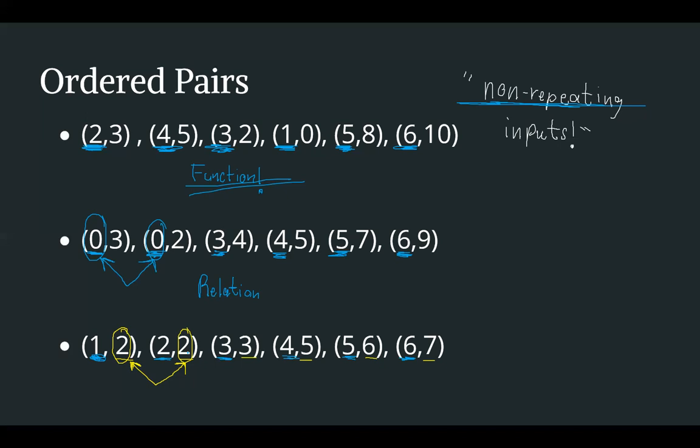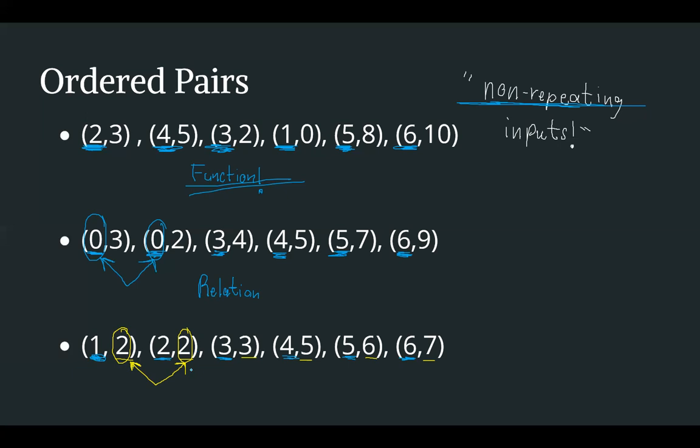So as you can see, it doesn't matter if the outputs, either one of them or all of them, exist more than once. It could be twice, thrice, and so on. As long as we're focusing on the inputs here, 1, 2, 3, 4, 5, 6.